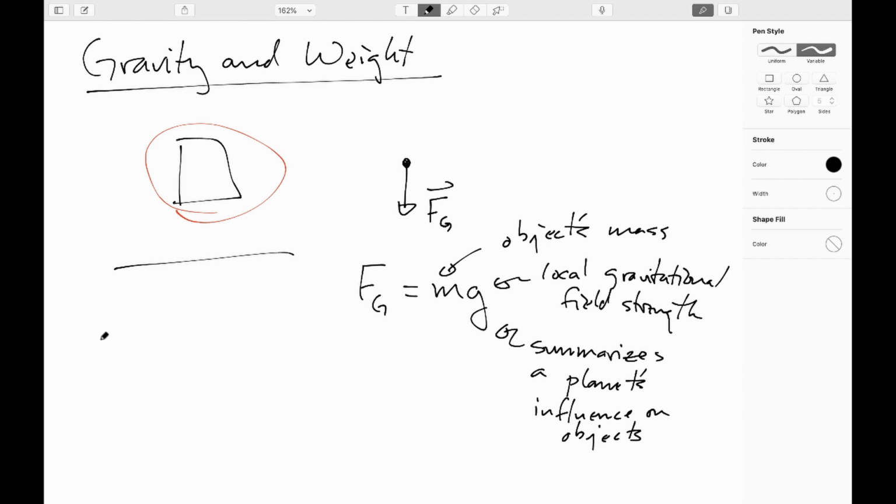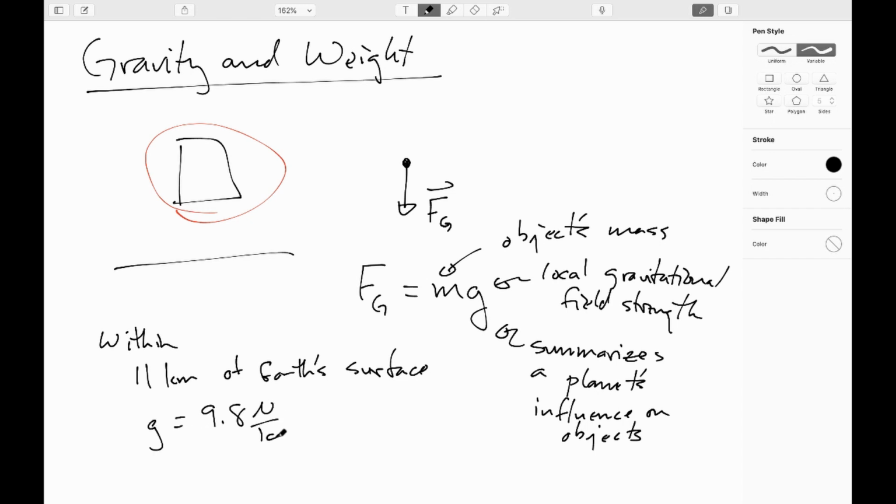But it turns out that if you're within 11 kilometers of the Earth's surface, this quantity is equal to 9.8 newtons per kilogram, and this would be good to within 1%.